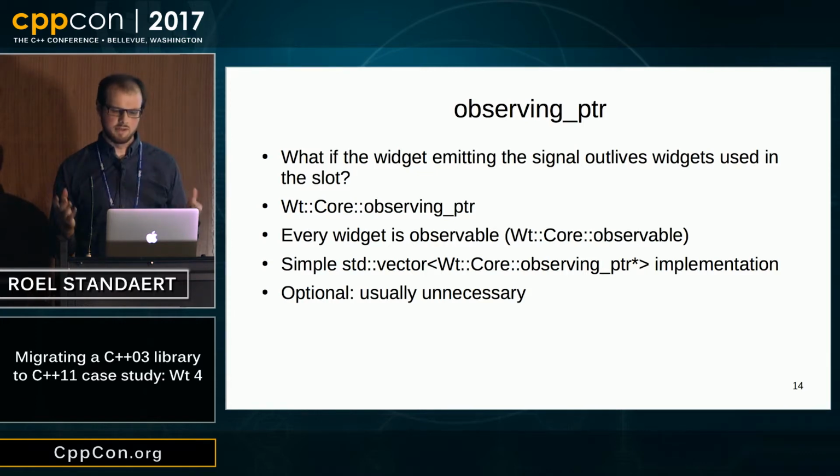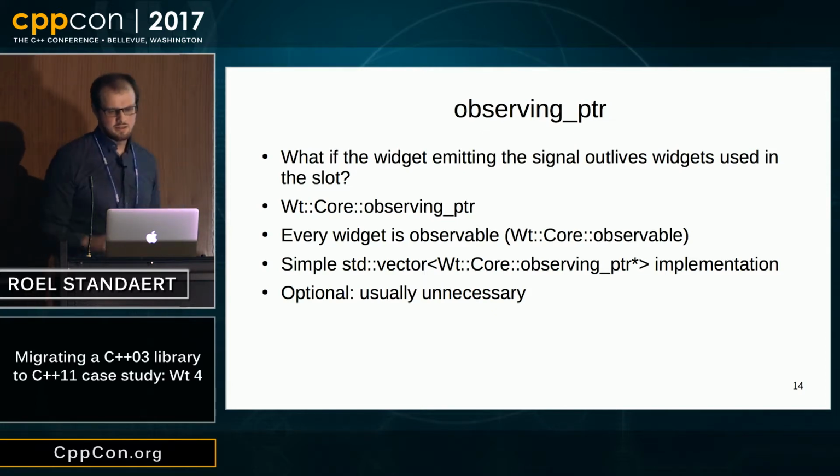So nowhere in our API do we return it, nowhere in our API do we request it. You can use it if you want to, but it's usually unnecessary. So that's the whole way that we changed our ownership model and how we made it more clear.